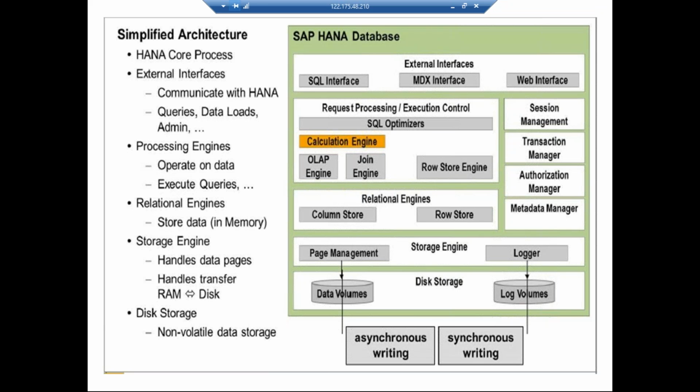So when it comes to the HANA database, the specialty you have if you compare with the normal RDBMS and other databases, generally in RDBMS, you take anything like Oracle, SQL Server, DB2, any databases like that.